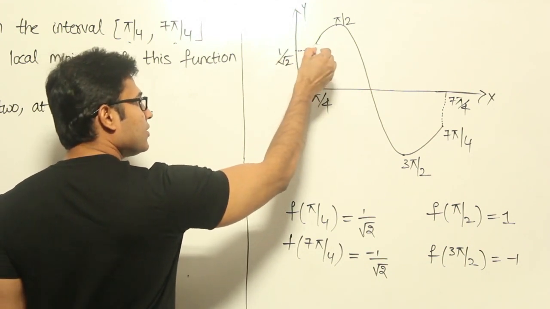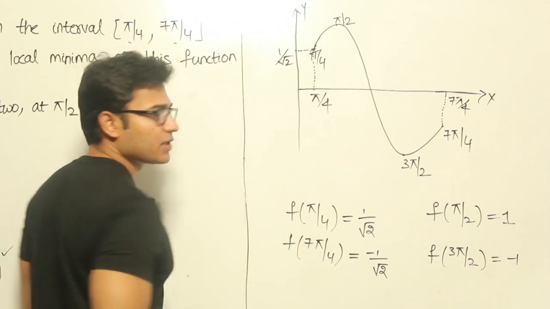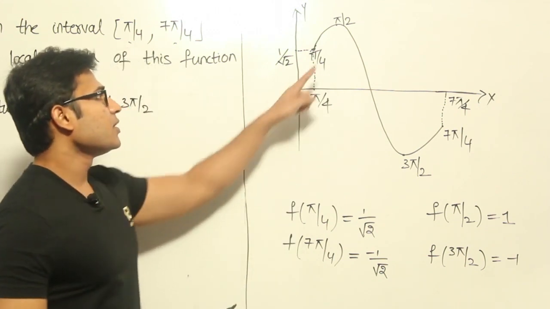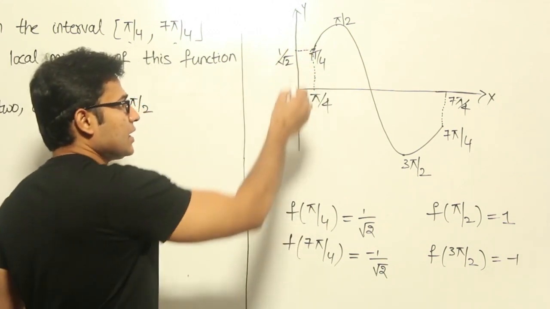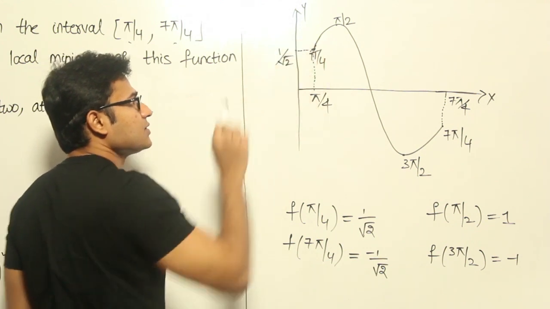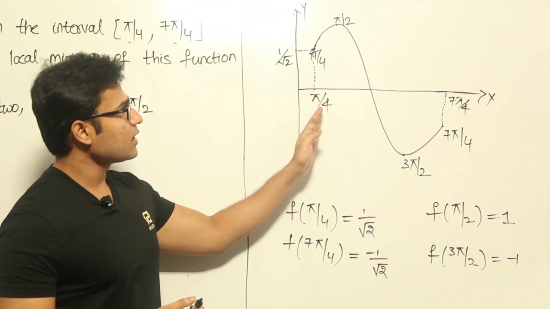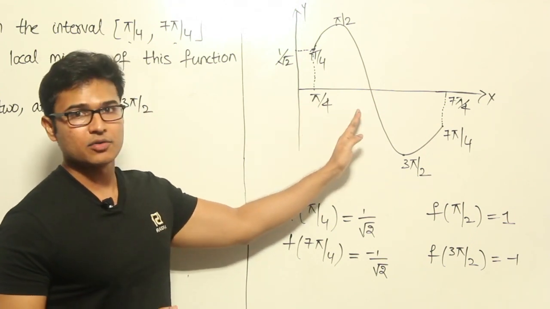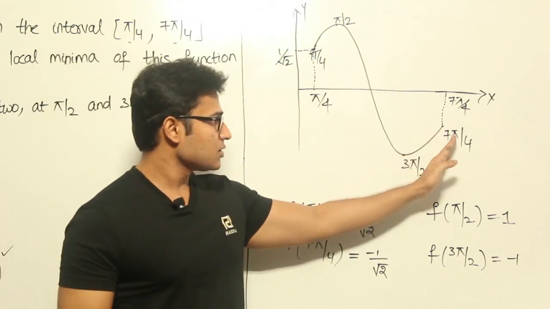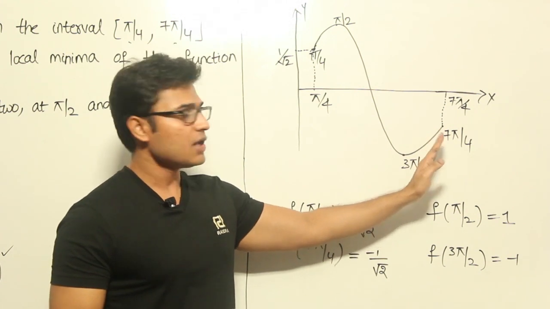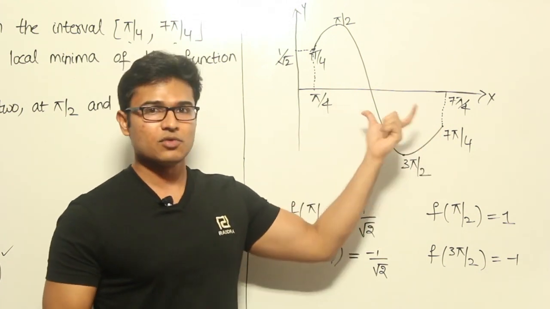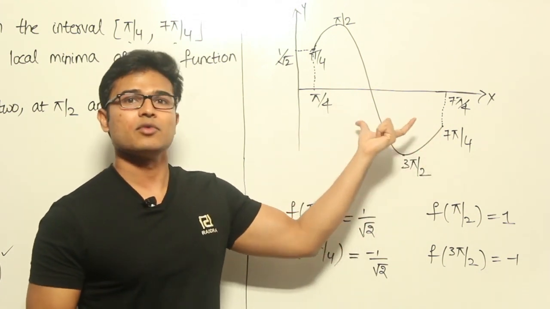Now if you take any point just to the right of it, in the right neighborhood, they will be greater than this. That is why at this point it is minimum, so it is called a local minima. So when you are talking about the left extreme, look at only the right neighborhood. When you are talking about the right extreme, look at only the left neighborhood. Why? Because the function is defined only in that interval, or we are caring only about that interval.